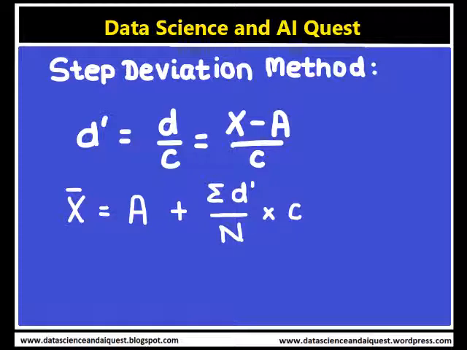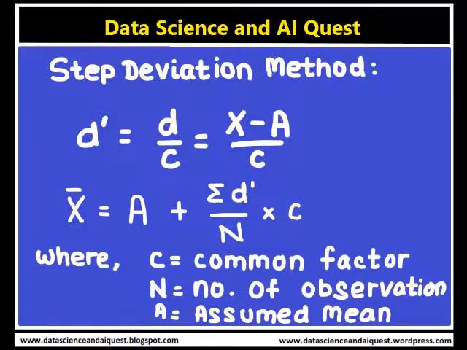Here c is the common factor, capital N is the number of observations, and capital A is the assumed mean.